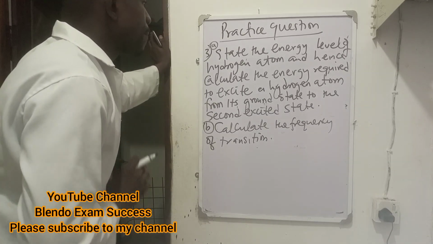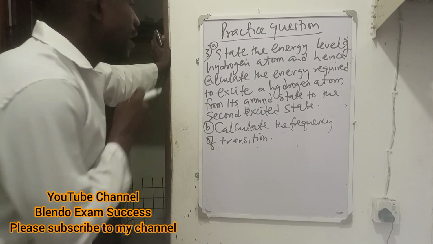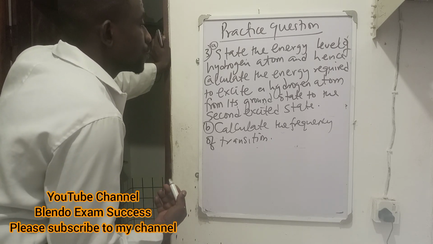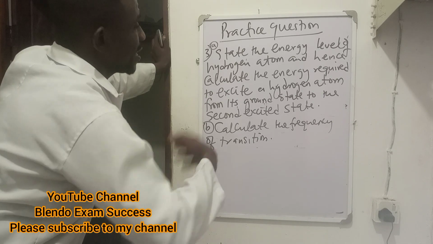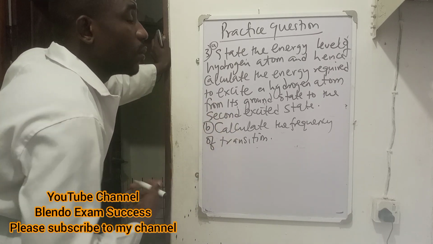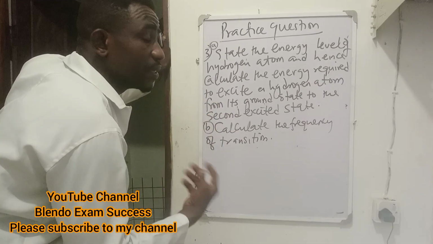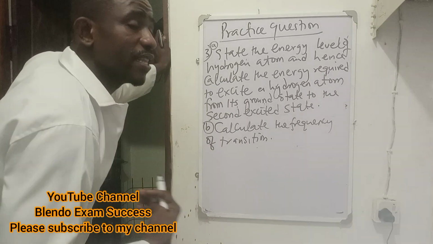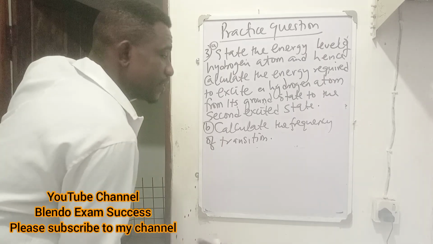So how do we state the energy level of hydrogen atom? Number one, we have the ground state and the excited state. We have first energy level, second energy level, third energy level, fourth energy level, and the first energy level is the ground state.